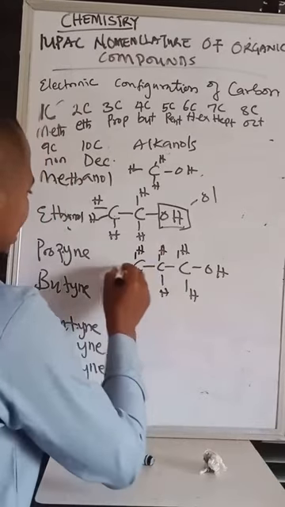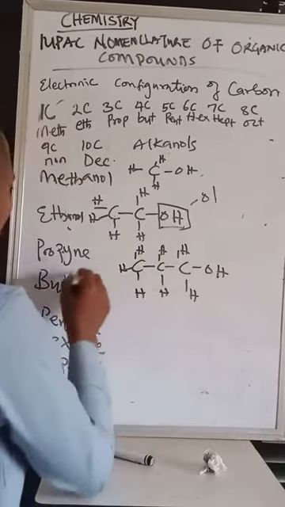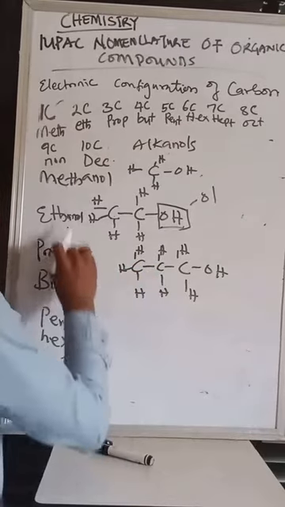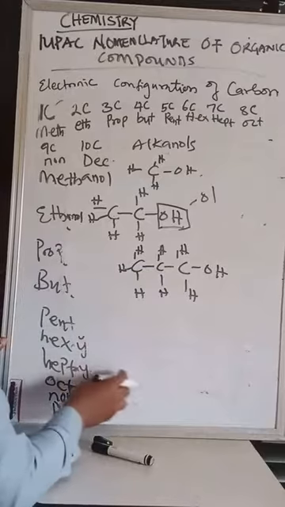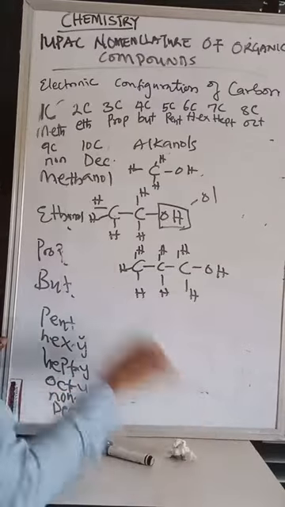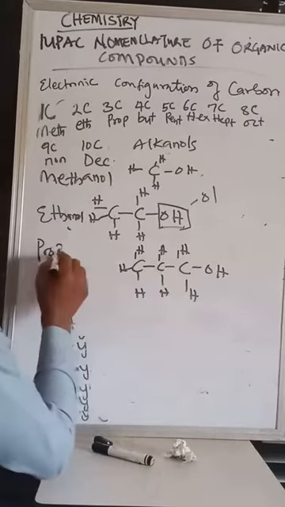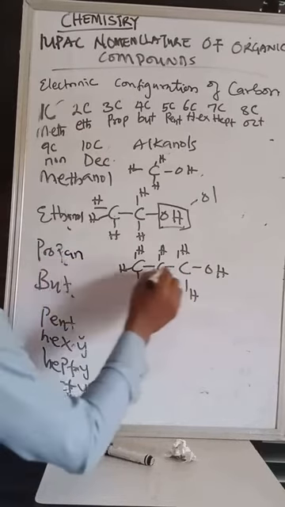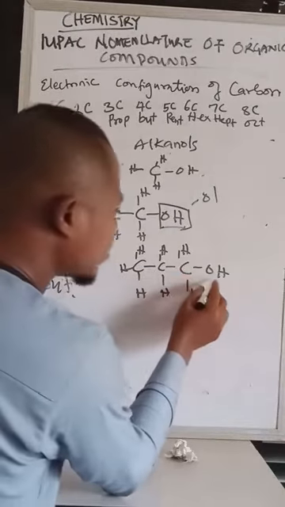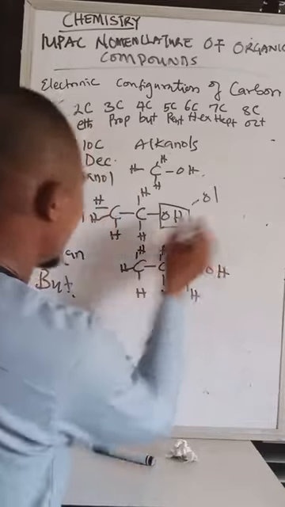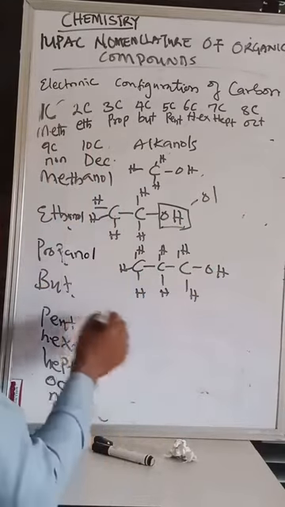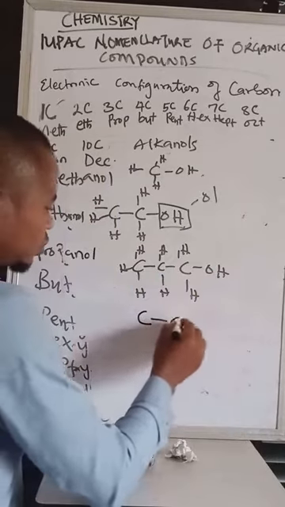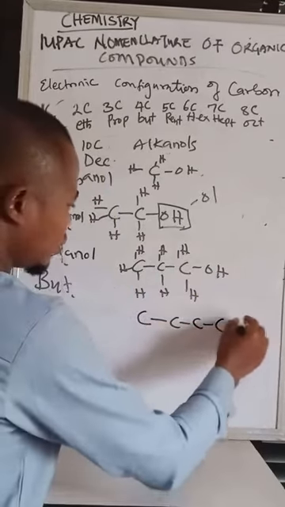So we're going to call it like an alkane. So this is going to be 1, 2, 3 prop. It's supposed to be an alkane, but they'll replace it with OH, which is an OL. So we'll come and add the OL here. Propanol.